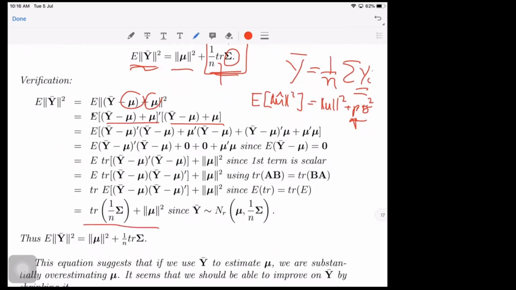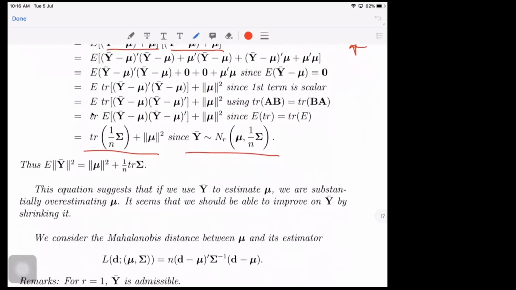So this is the final answer with these assumptions on your Y bar. You can go easily through the terms and use the properties of the trace. The style of proof is different because what we will be using is some properties of the trace and some matrix algebra.